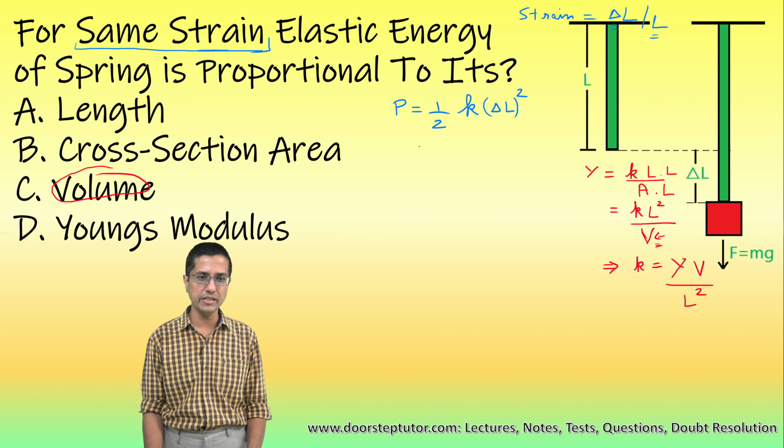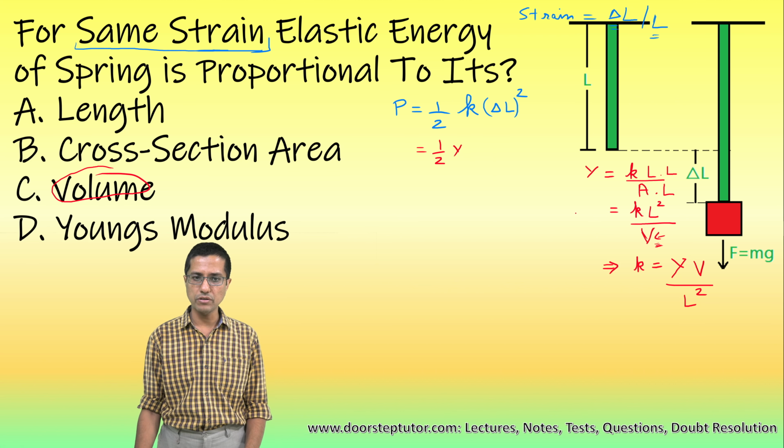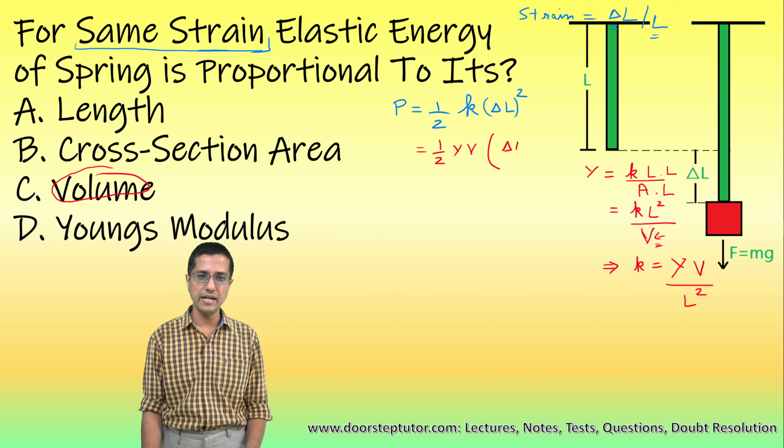I substitute in the potential energy formula, and then I get half Y. Y is a constant, so I don't really have to worry about it. V is also there, and then we have delta L by L, the whole squared. Now this delta L by L is nothing but our strain. So it is half Y V into strain squared.